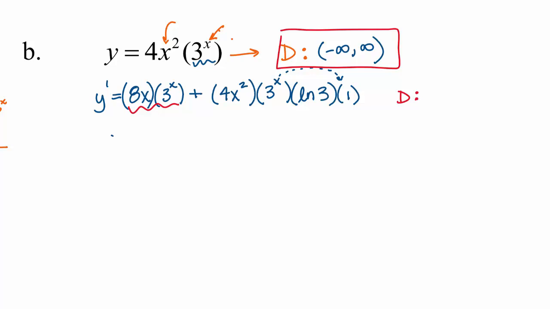X can be anything. I only now added that I'm multiplying by natural log of 3, which is some constant value. So my domain still is unchanged. It still is negative infinity to infinity. So I have no new restrictions, so I have no additional critical values from the domain. And I will show you one where we do, I promise.